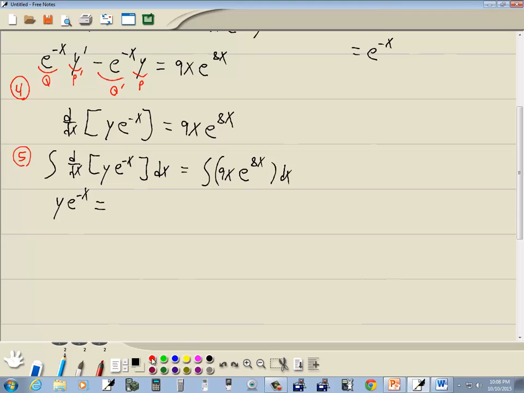And we're going to use parts over here on the right side, but it's going to be the simple table one. Okay, so the part that would disappear with the derivative is 9x, because the derivative of 9x is 9, derivative of 9 is 0. This is a plus minus plus. And the e to the 8x will be our integral.